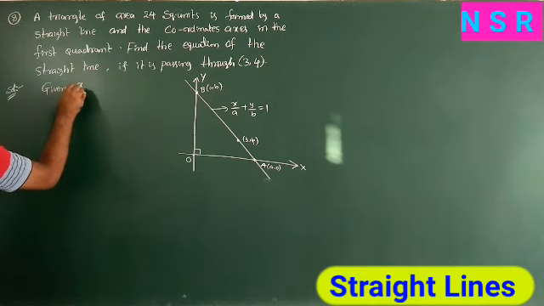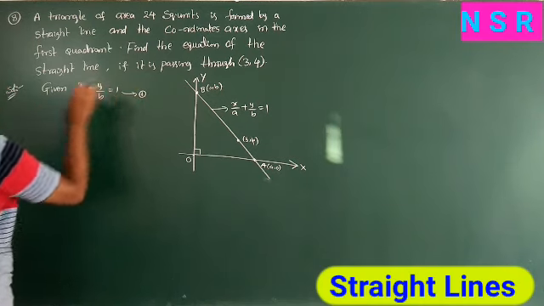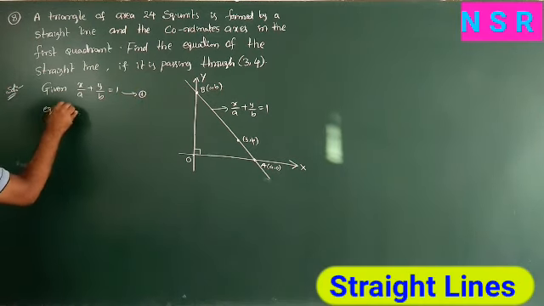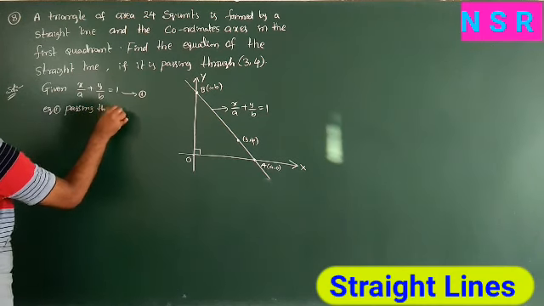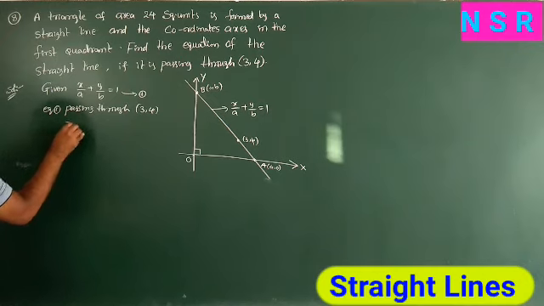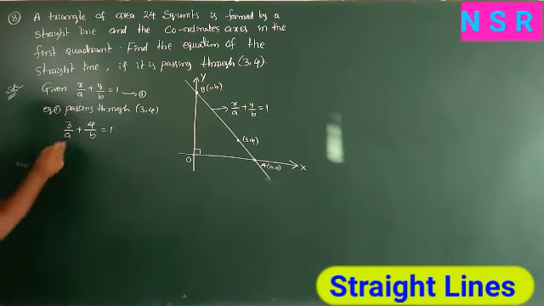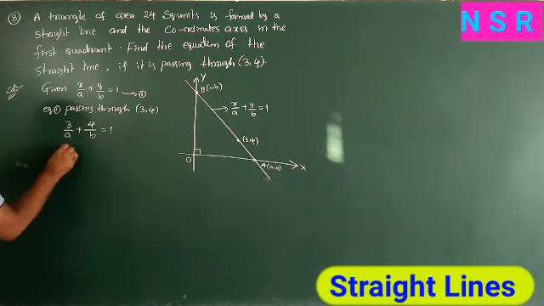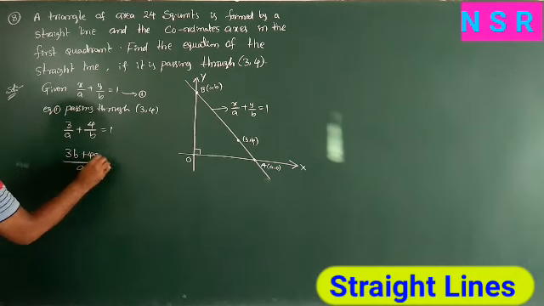So here, given x by a plus y by b equals 1, take it as equation number 1. Equation 1 passes through (3, 4), which means 3 by a plus 4 by b equals 1. Now simplify it: the LCM is ab, so (3b plus 4a) by ab equals 1.